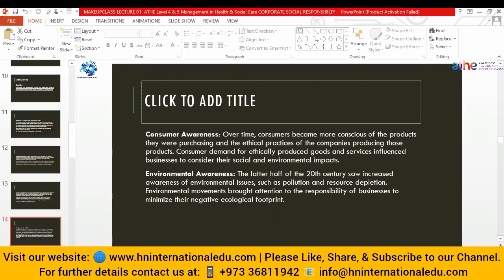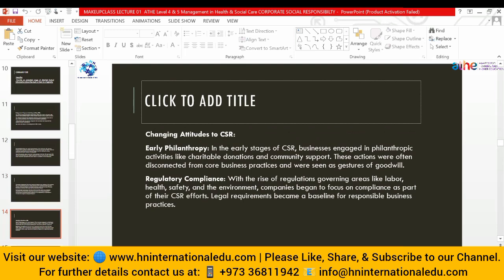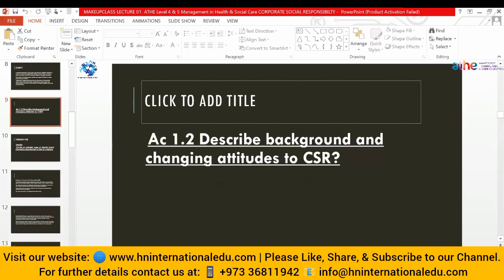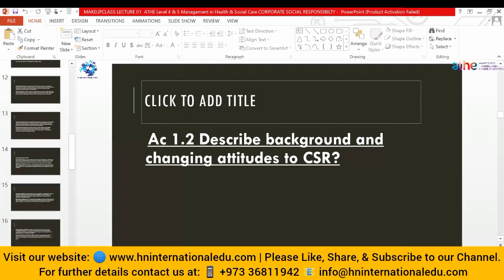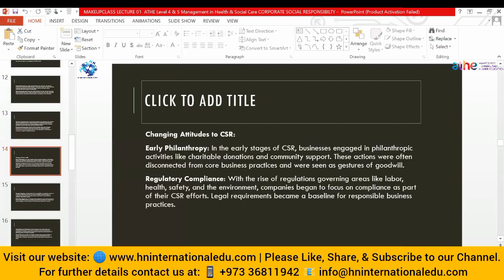Okay. Then we have changing attitudes. In changing attitudes, first we discussed the background of CSR, how it developed, and why there was an initiative we wanted to develop. Then we have changing attitudes to CSR.